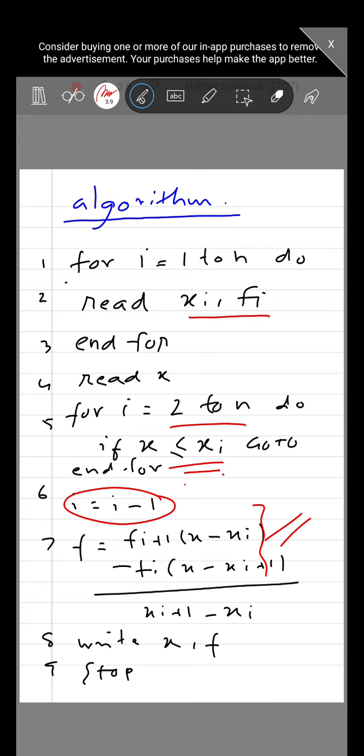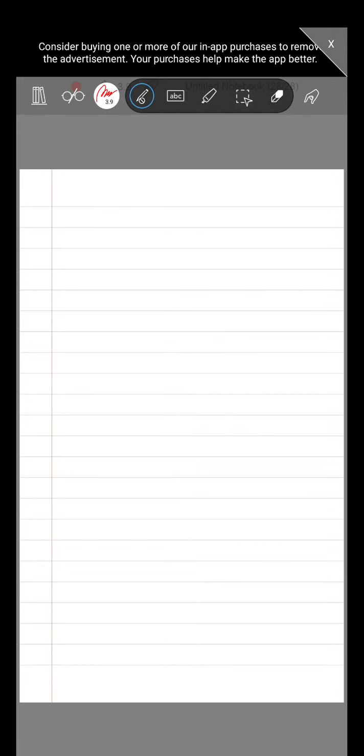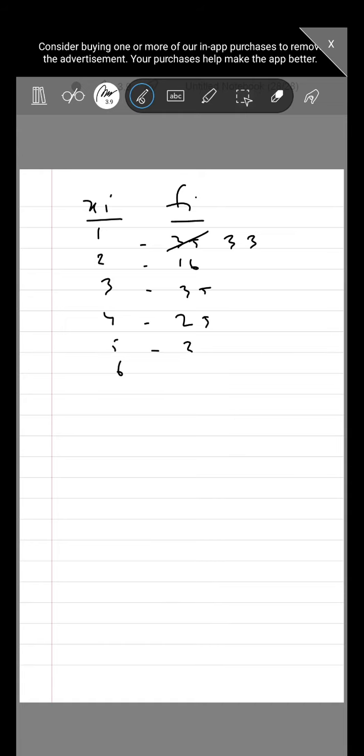So let's take an example. Suppose you have been given the following values. Let's say xi is 1, 2, 3, 4, 5 and 6, and the fi values are 33, 16, 35, then 25, then again 35, and again 26.